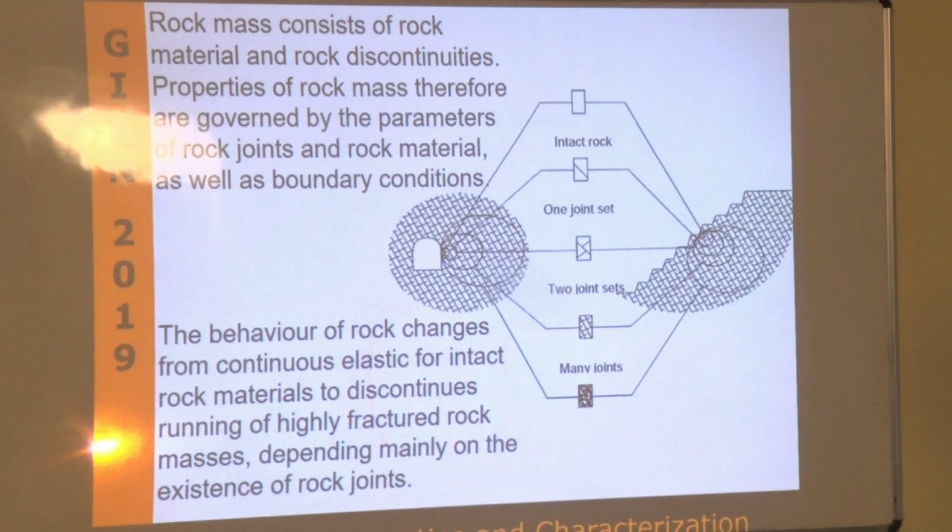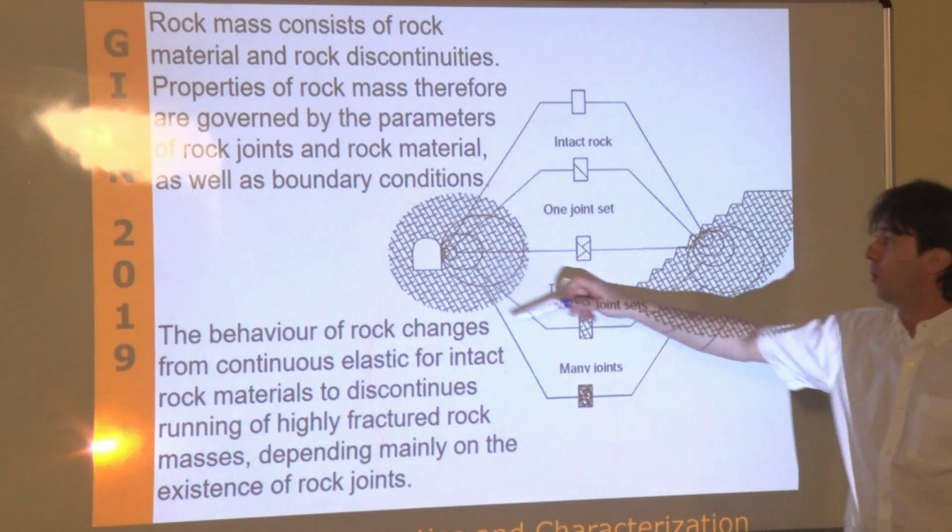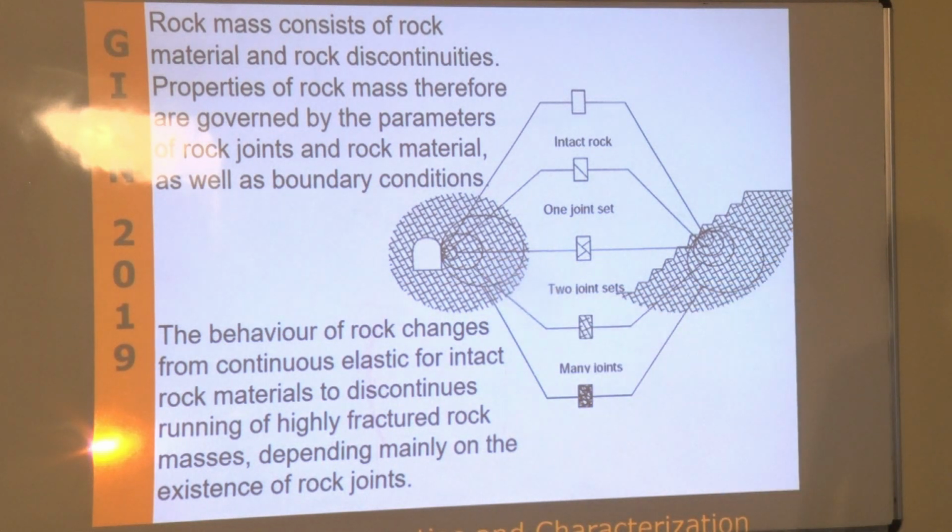Now, we've been talking about the single rock testing. But the reality is that we might want to design a big slope or a tunnel. And one of the challenges is that the rock is not intact, it has fractures.